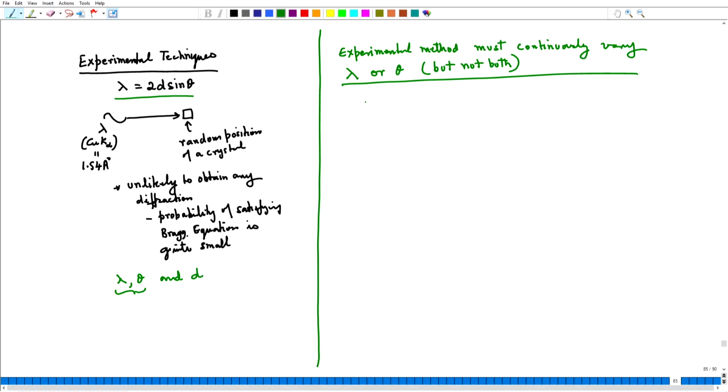So, in any experimental method, locations of diffracted beam are recorded to obtain what is called a diffraction pattern, and then it is a pattern that we analyze to understand the crystal.